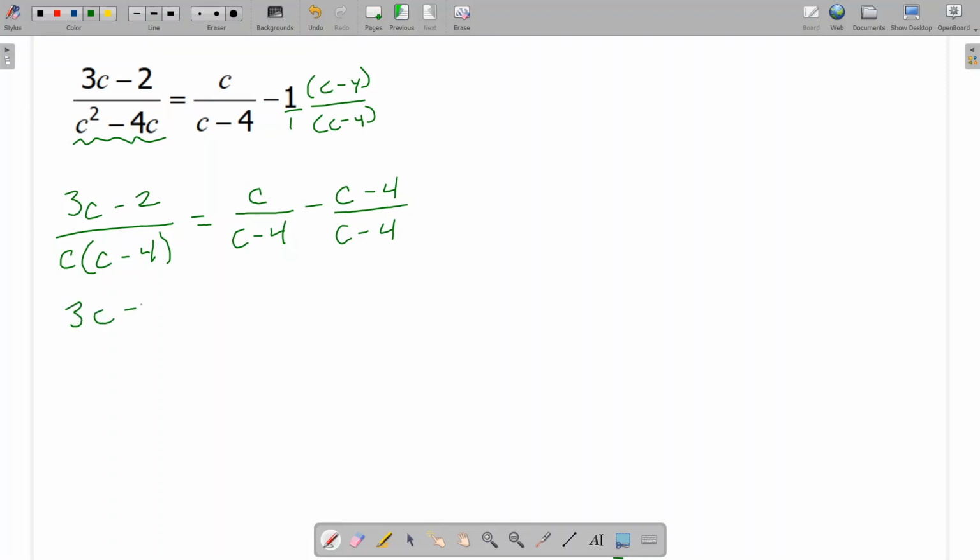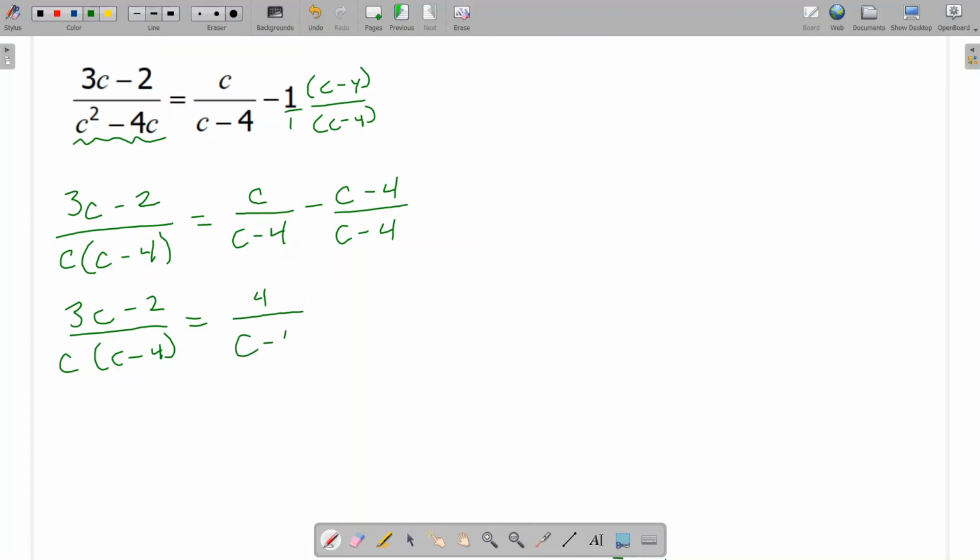So I'm going to combine that right side. C minus c would cancel, and then we're subtracting a -4, so we really get a +4 here over c minus 4.